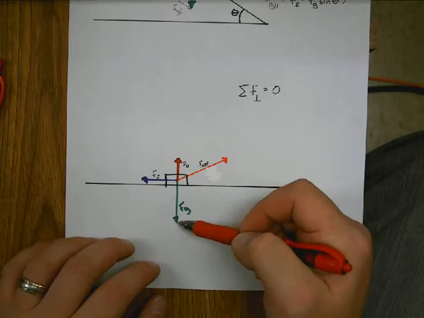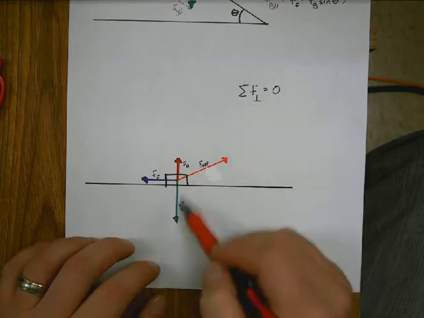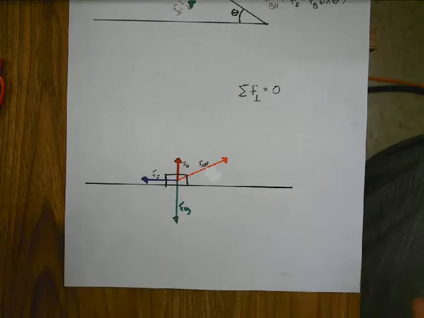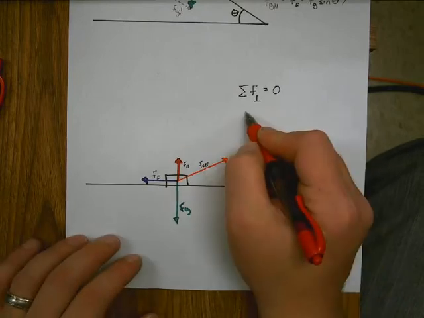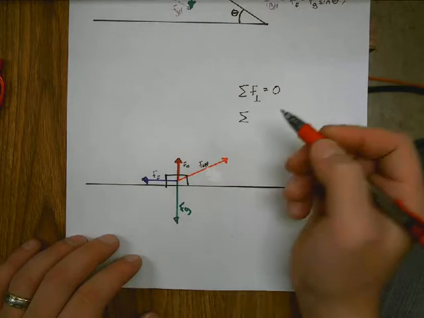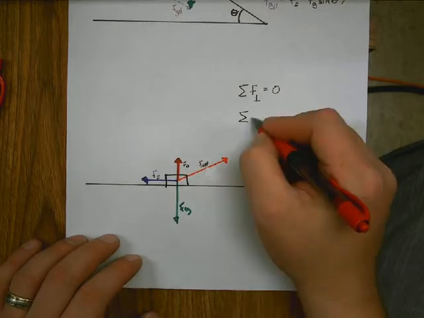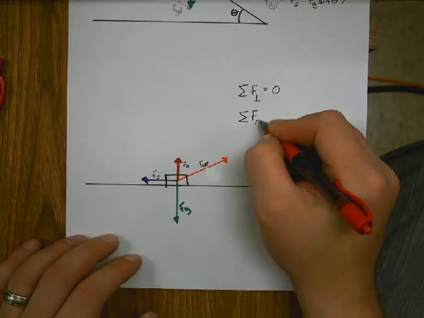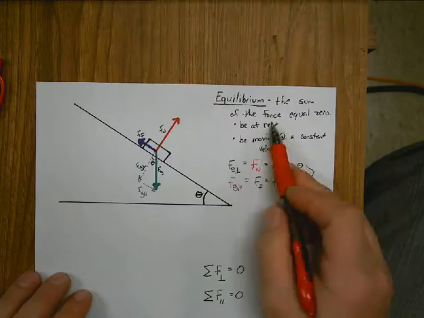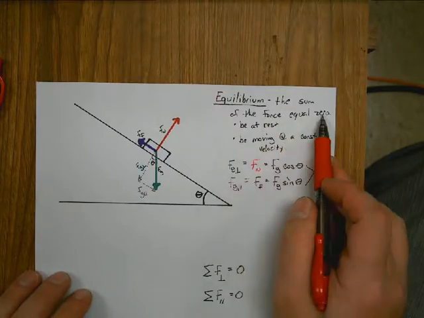And then likewise, if this object is in equilibrium, which is not speeding up or slowing down, or turning, then I know that the sum of all the forces parallel has to also equal 0. And that's by the definition of equilibrium, which is up here. The sum of the forces equals 0.